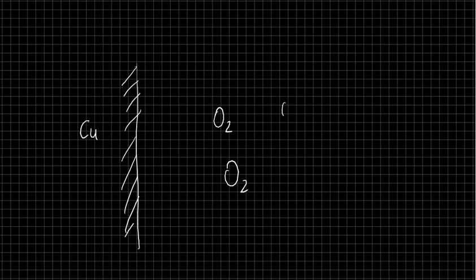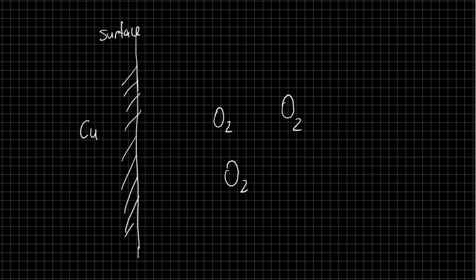So let's say I've got some sort of electrode surface here, and let's go for copper, because that's the example in your book, and it's in contact with water where there is some dissolved oxygen. Okay, so what's going to happen is some surface chemistry is going to occur at the electrode surface.